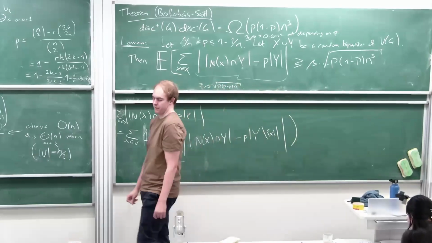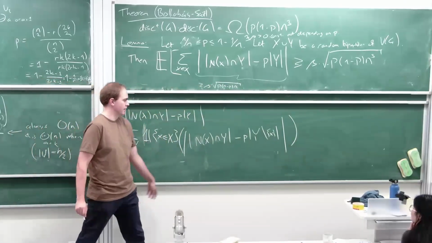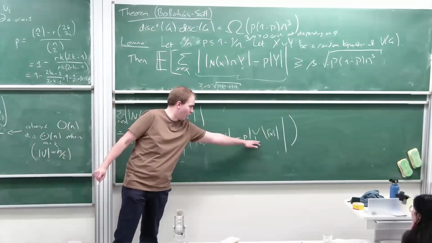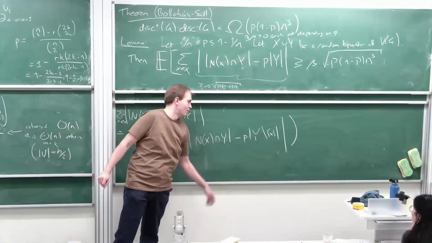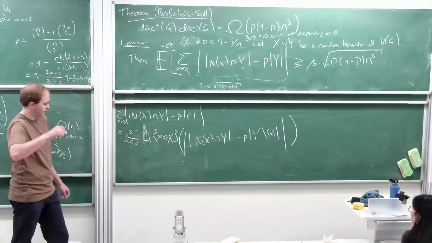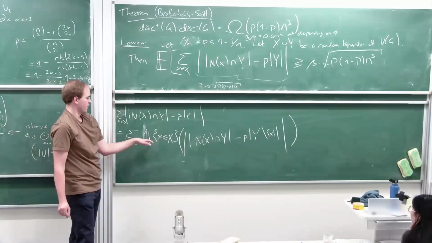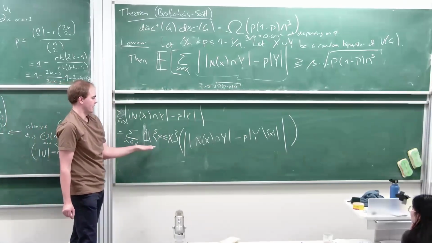Here we basically did nothing, because we just restricted our attention to those x in X. If x happened to be in Y, this doesn't matter, and if it's in Y it doesn't matter either, because we are multiplying by the indicator function of x in X.